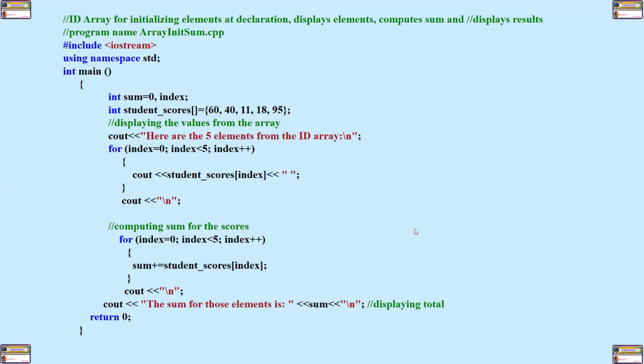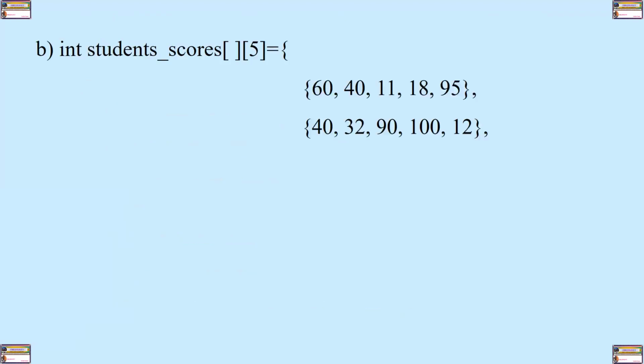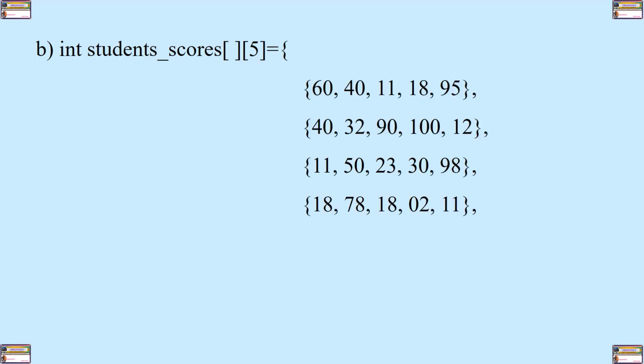So you can see this is our program, and you have seen how the output looks. What about now for the two-dimensional array? So this is the array that we want to initialize in our program.